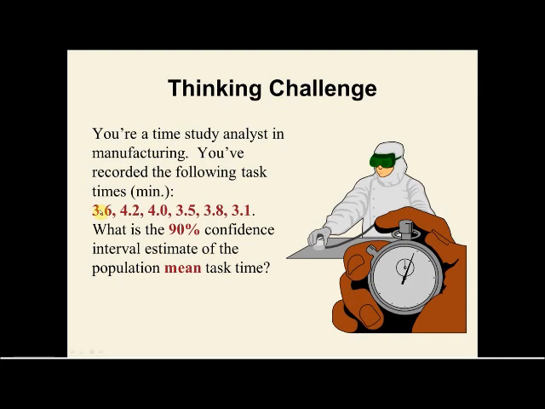We would like to know an estimate for the mean task time in general for the population based on this sample of observed task times. And let's say we want to be 90% confident. So we'll allow ourselves to be wrong 10% of the time. How accurate of an estimate can we make?